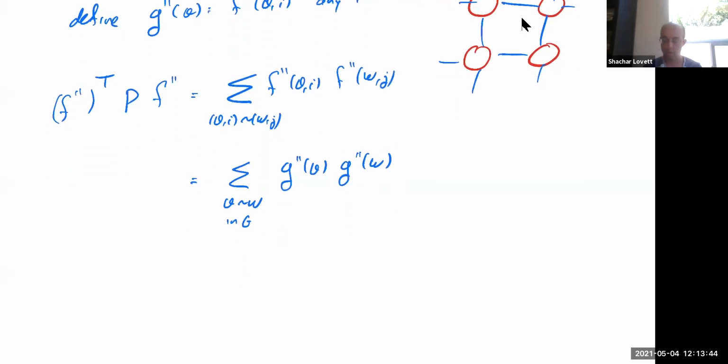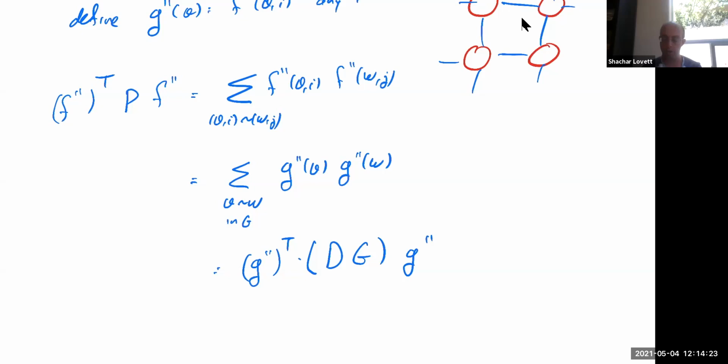This is just G parallel transpose times the unnormalized adjacency matrix of G times G parallel, because we just sum over all possible edges. Because I'm using capital G to usually denote the normalized adjacency matrix, I just need to multiply by the degree D to get the unnormalized adjacency matrix.